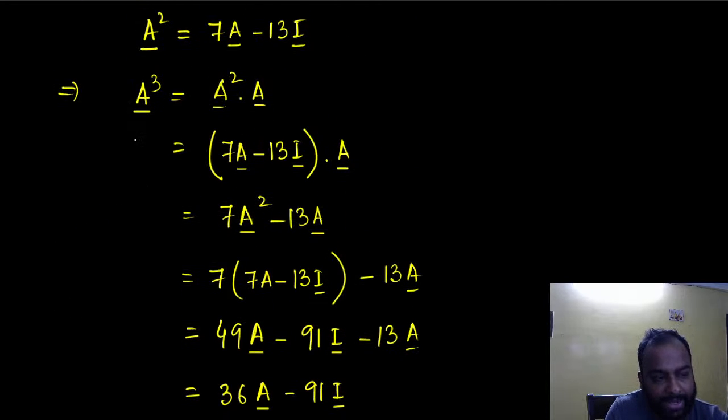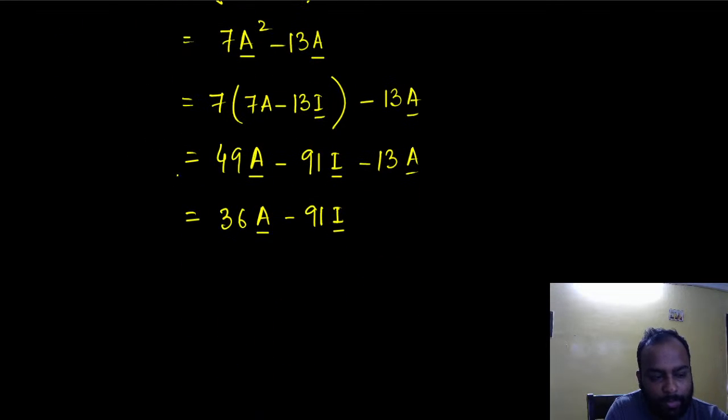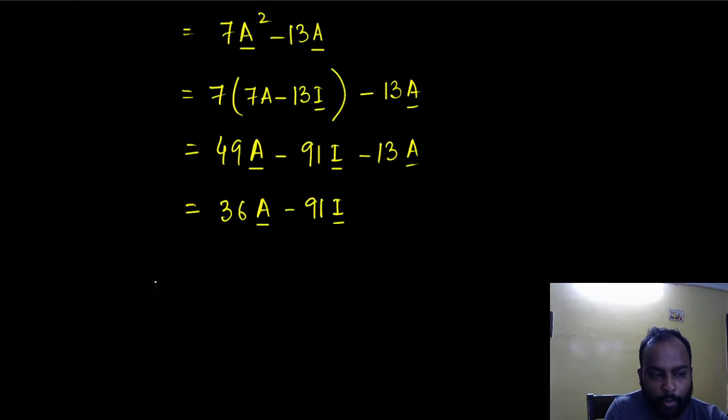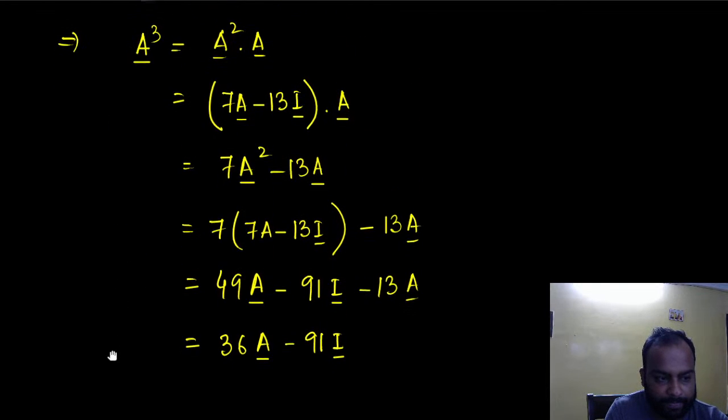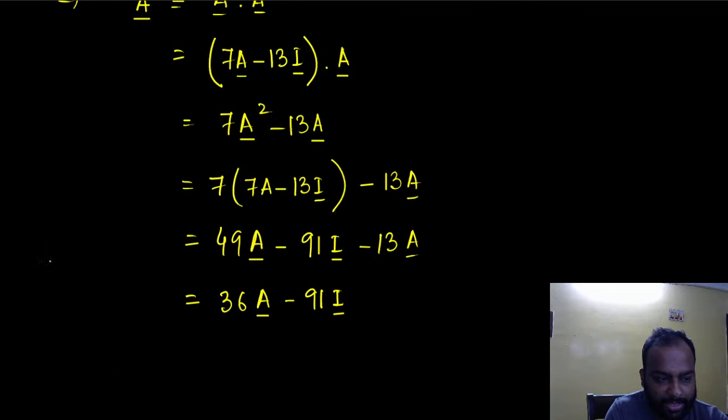The point being, now I have an expression for A cubed. I can calculate A cubed with just the first power of A. Do you understand the point here?